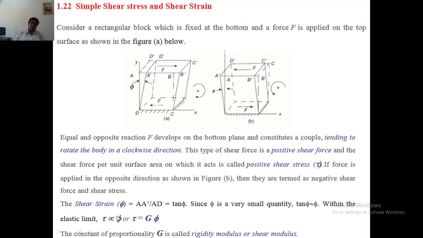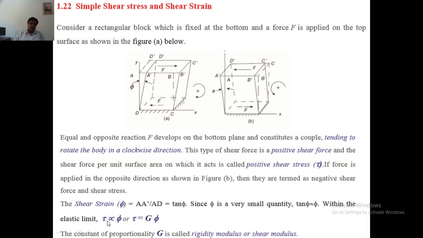So this constant of proportionality is given by G. So G is called as modulus of rigidity, just like Young's modulus for the normal stresses. Therefore, for shear stresses and strain, we have modulus of rigidity.